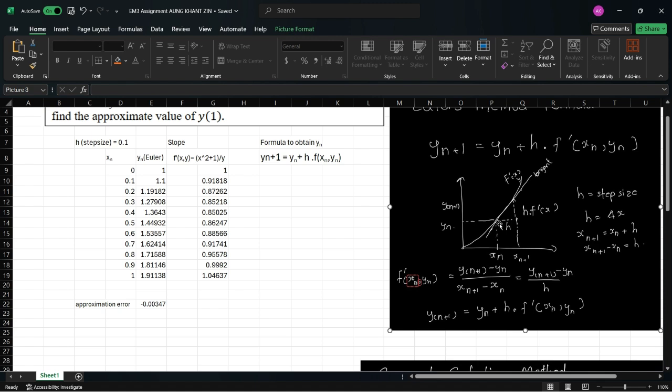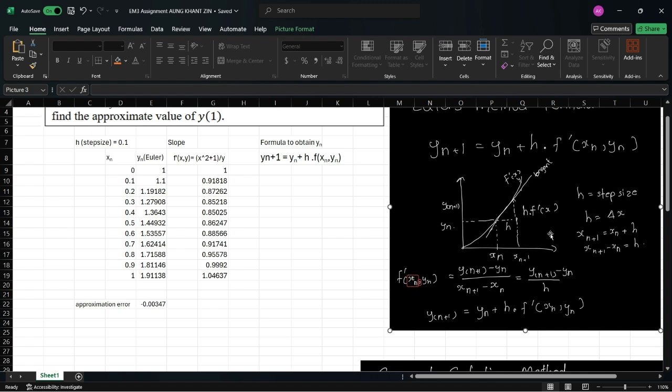and we calculate the slope of the equation, which will be f'(x_n, y_n) equal to rise over run, which is (y_{n+1} minus y_n) over (x_{n+1} minus x_n). As I mentioned, h represents the step size, so x_{n+1} is equal to x_n plus h.